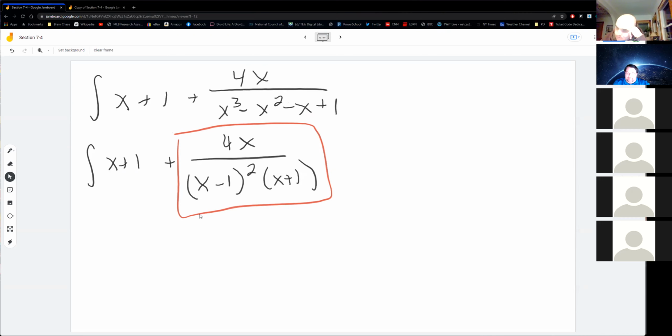So that part's going to become a over x minus 1 plus b over x minus 1 squared plus c over x plus 1. That's how we split that one up.